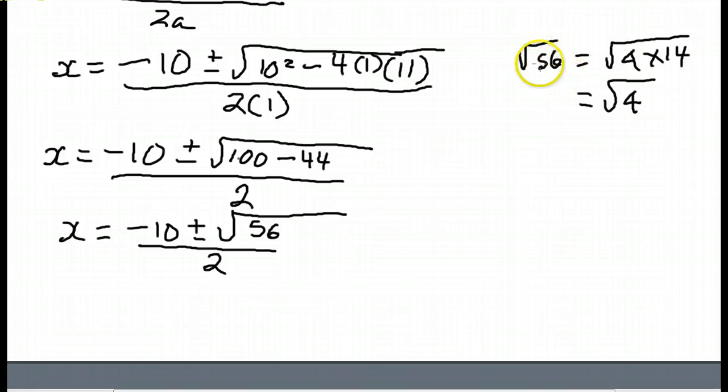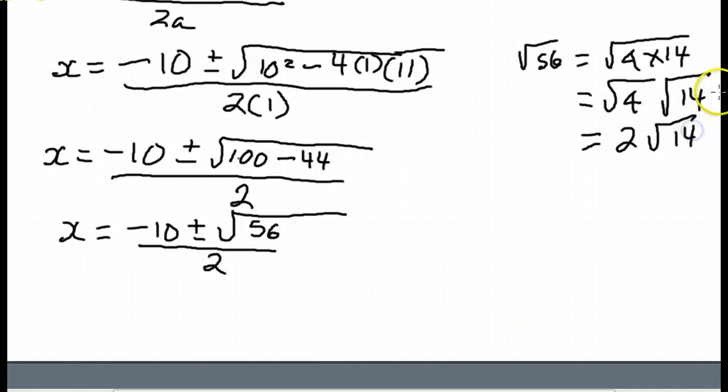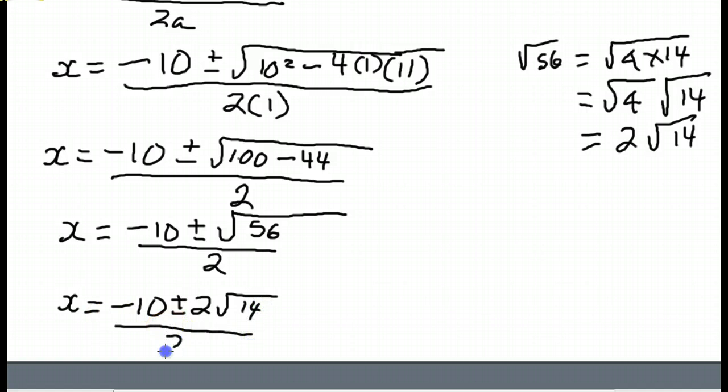Does 4 go into it? Does 9 go into it? Well, 4 does. So we write it as the root of 4 times 14, which is root 4 root 14, which is 2 root 14. So coming back here, negative 10 plus or minus 2 root 14 over 2.